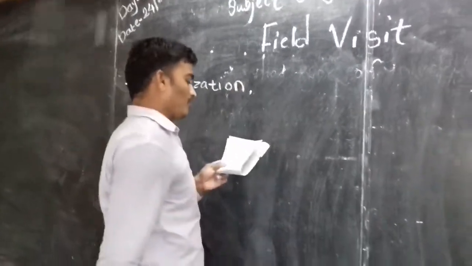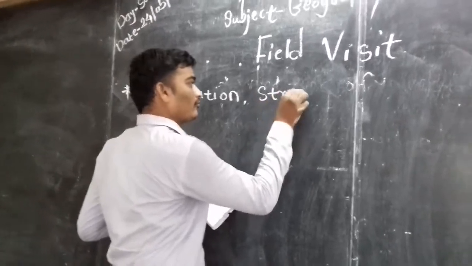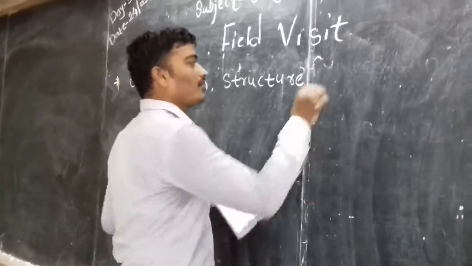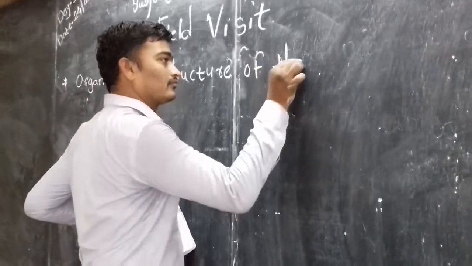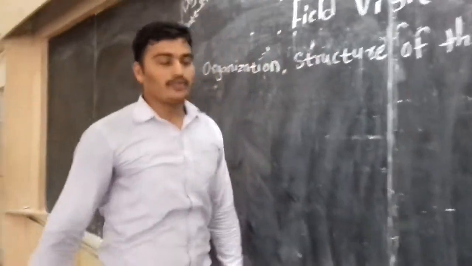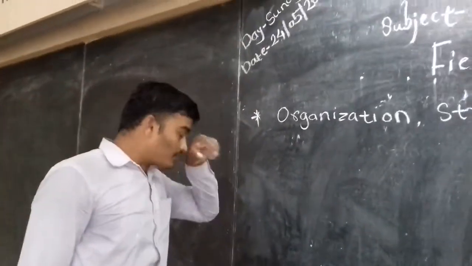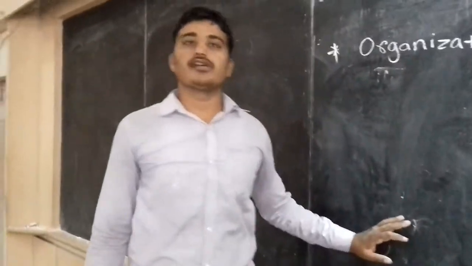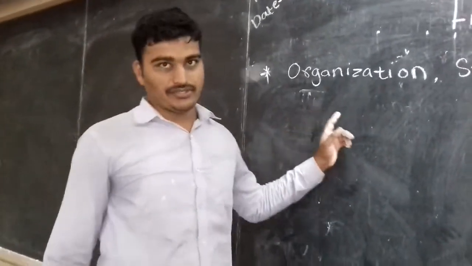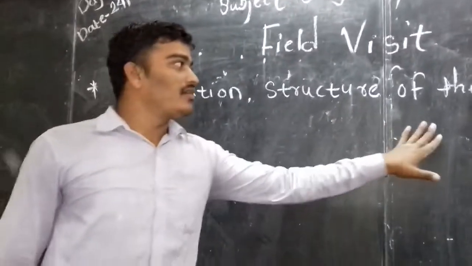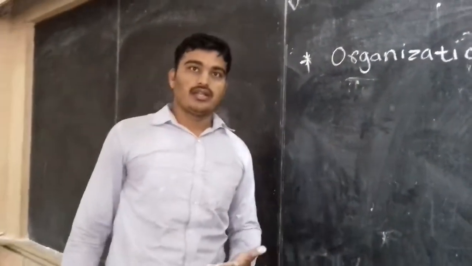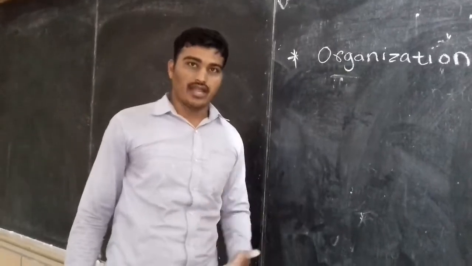Mainly we have to focus on this question: which type of organization is working to run that factory? Is it a private institution or a government institution? And also what is the structure of that factory, and under which rule it is running currently, that we have to see.